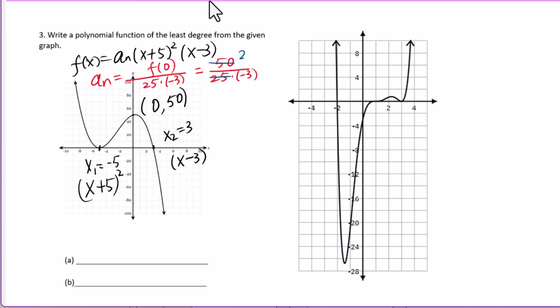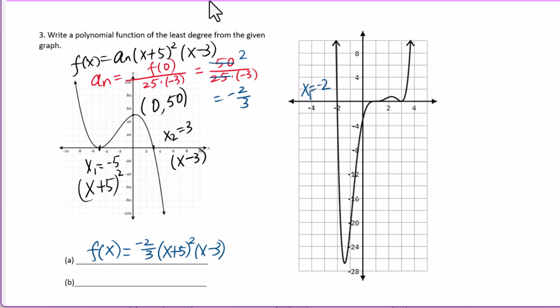Reduced, this equals negative 2 over 3. So for the first graph, the function is f of x equals negative 2 over 3 times (x plus 5) squared times (x minus 3).